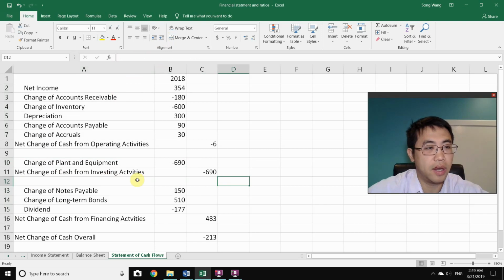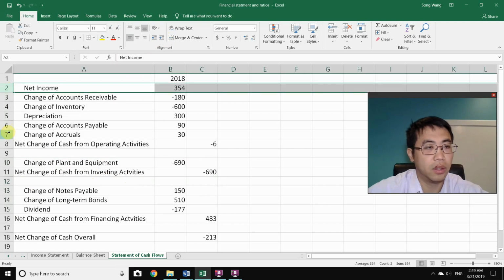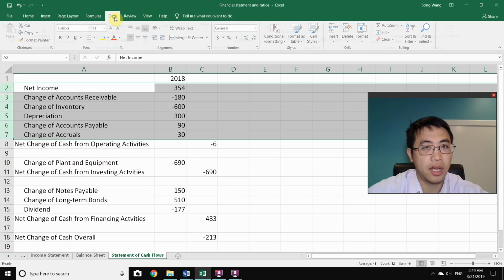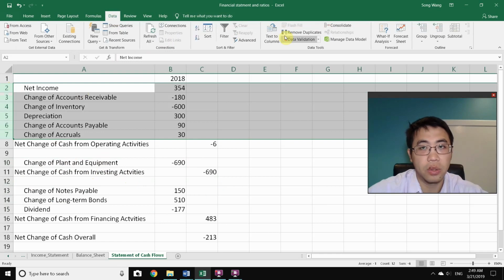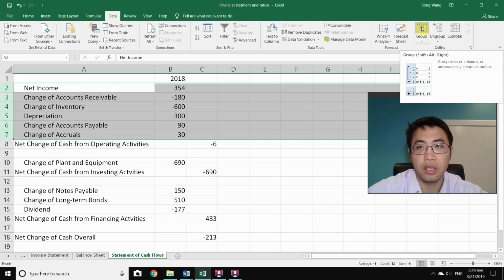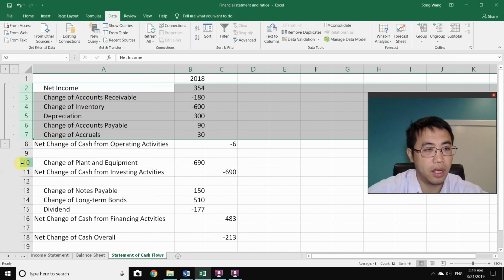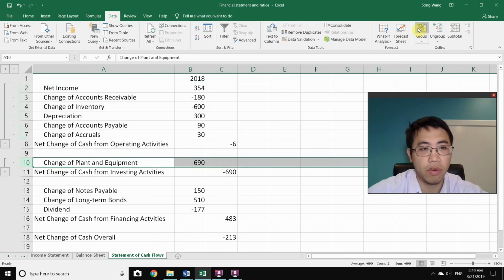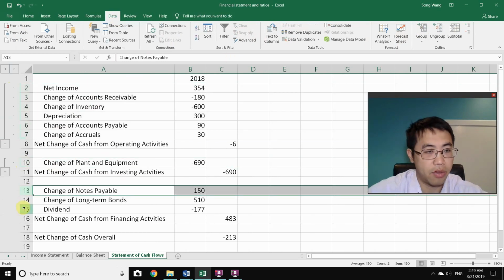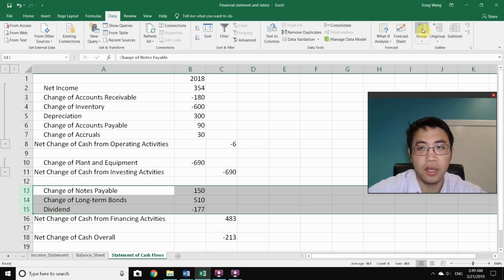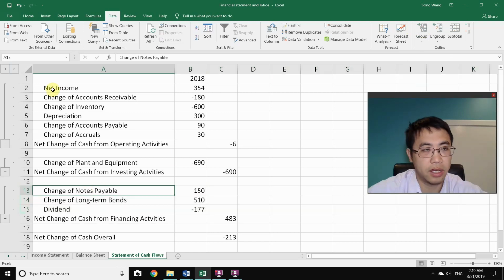And also I can hide these rows. So I just hit data, and then the group function is right here. Hit this group, and then hit this row group, and hit these 3 rows again. I need to select shift to make sure these are all selected.